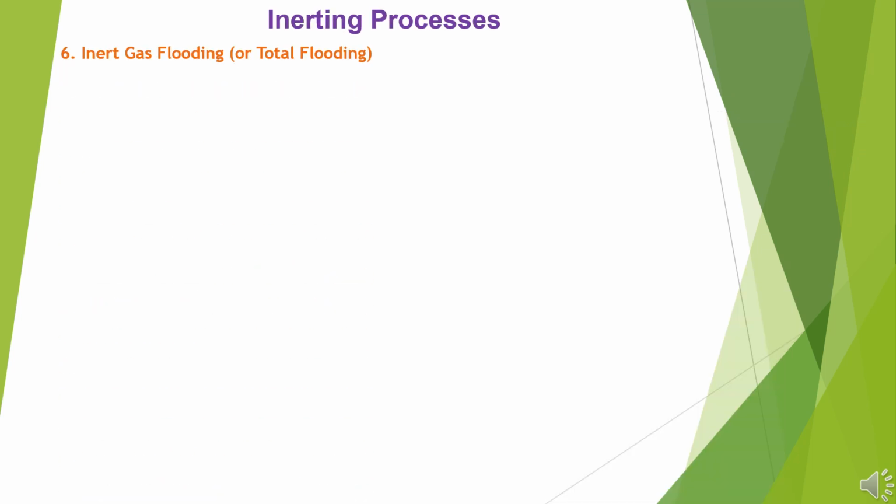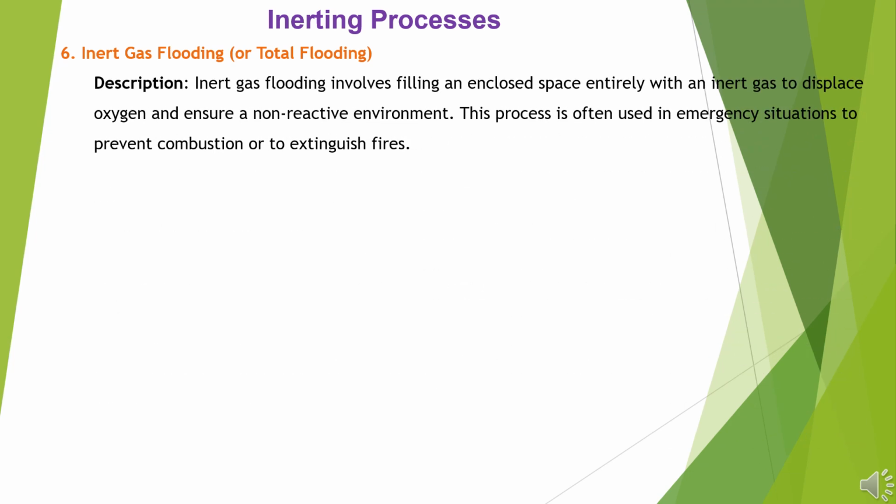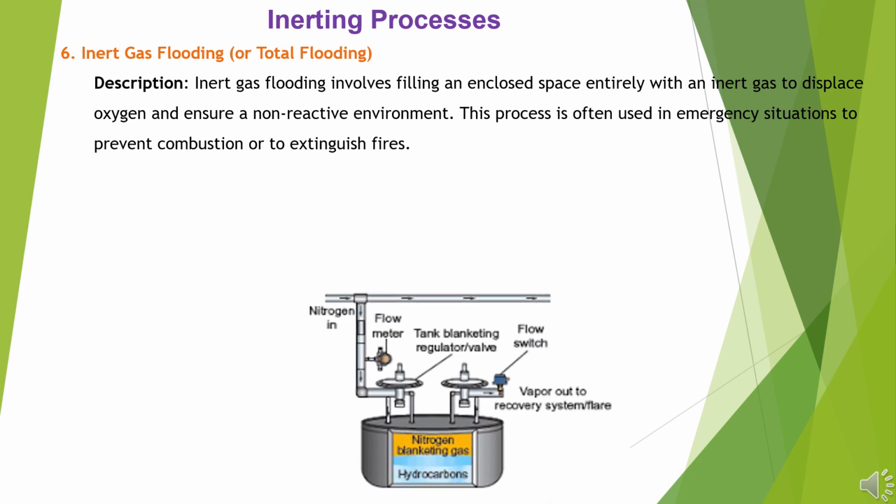Six. Inert gas flooding, or total flooding. Description: Inert gas flooding involves filling an enclosed space entirely with an inert gas to displace oxygen and ensure a non-reactive environment. This process is often used in emergency situations to prevent combustion or to extinguish fires.